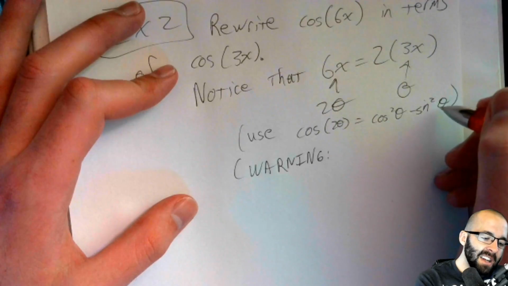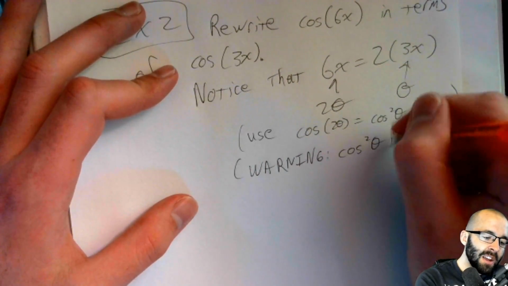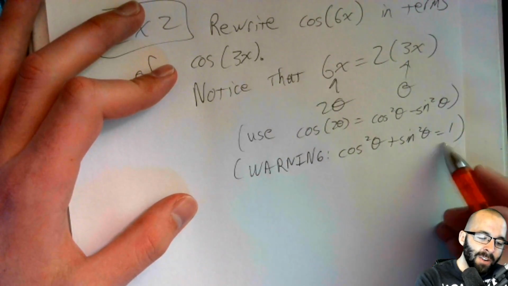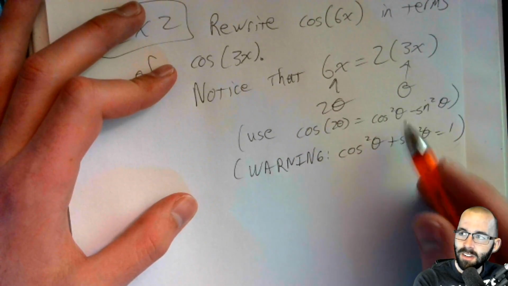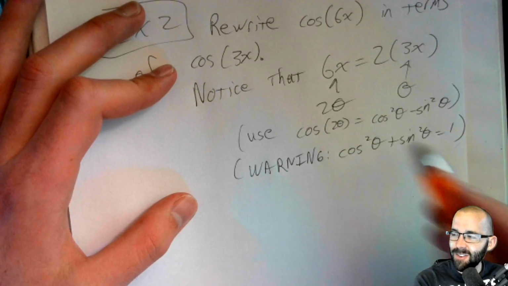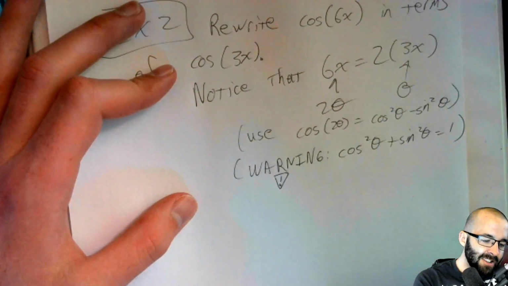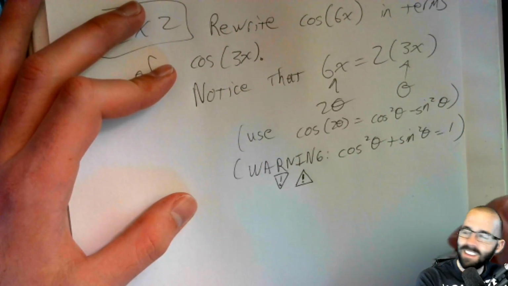Cosine squared of theta minus sine squared of theta is cosine of 2 theta. But cosine squared of theta plus sine squared of theta is 1. Pythagorean identity, double angle identity. They look very similar, but they're not the same. Okay, so watch out for that. Here we can write like a little danger sign.